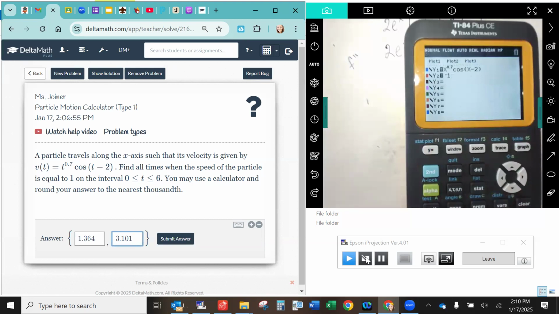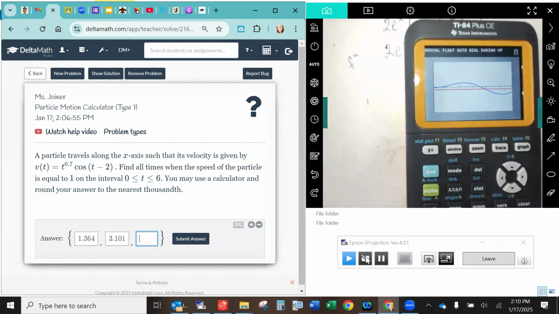And then you'll look and see if you have another intersection, which you should have one. So your velocity will come through first, your -1 will come through second, and then you'll have one more intersection to link into your answers. So remember, it's second trace 5 for intersect, and then get close to that one and find the third one.